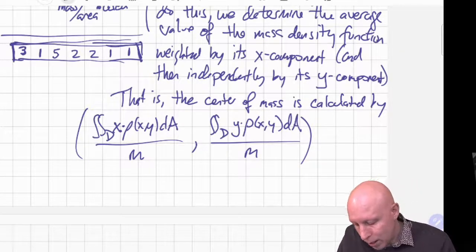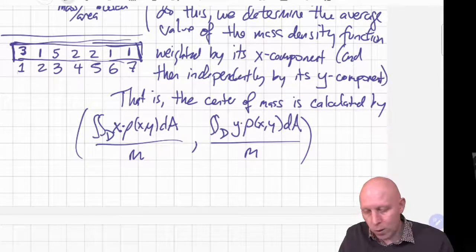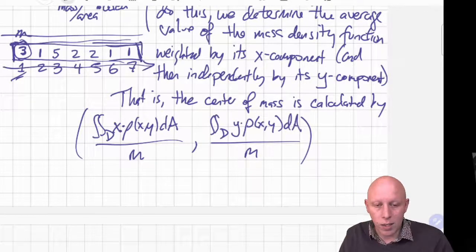And so if we put this in a coordinate system, then we're taking our mass density here, and we're multiplying by the x-coordinate in this system.